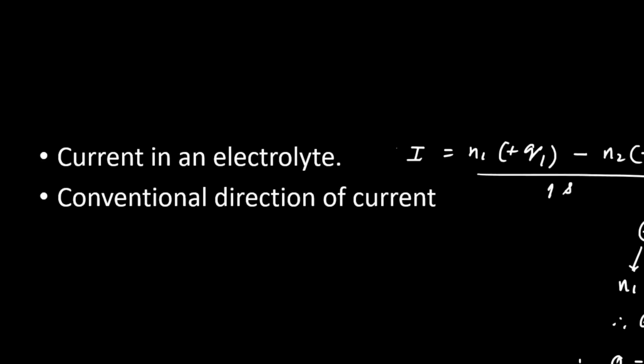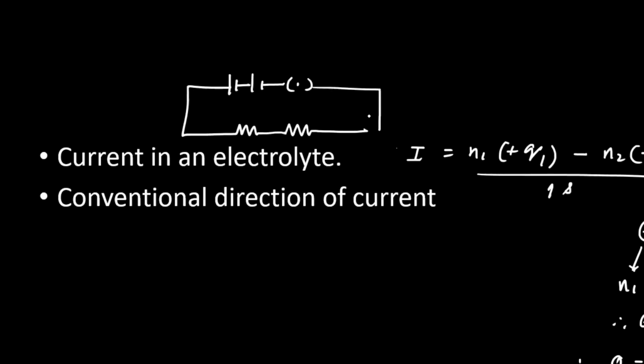The next is the conventional direction of current. The simplest circuit that I can draw: I have a cell, I have a key, there is some resistance, and another resistance. So this is a simple circuit. In this circuit, this is the positive of the cell, this is the negative of the cell.